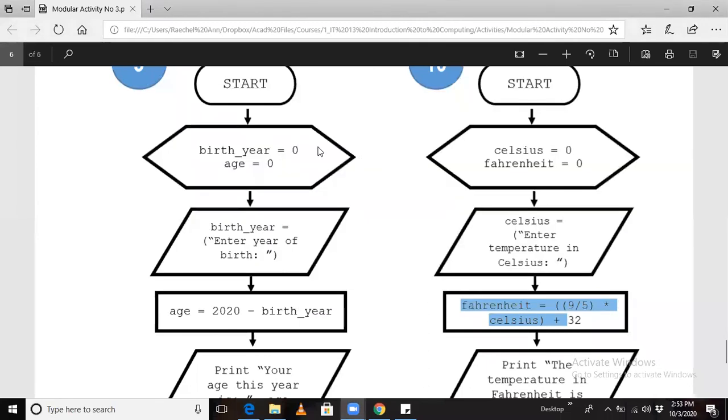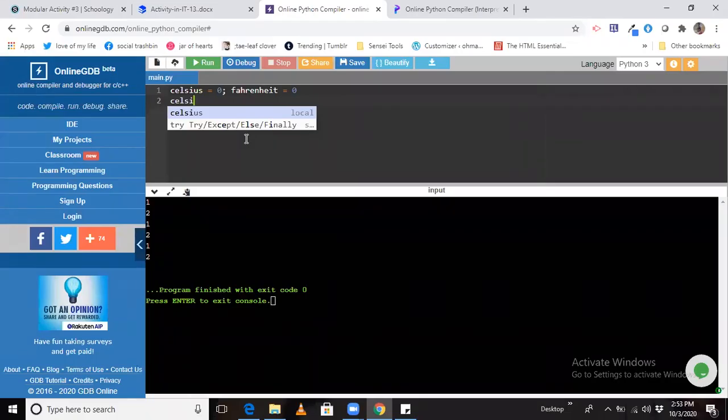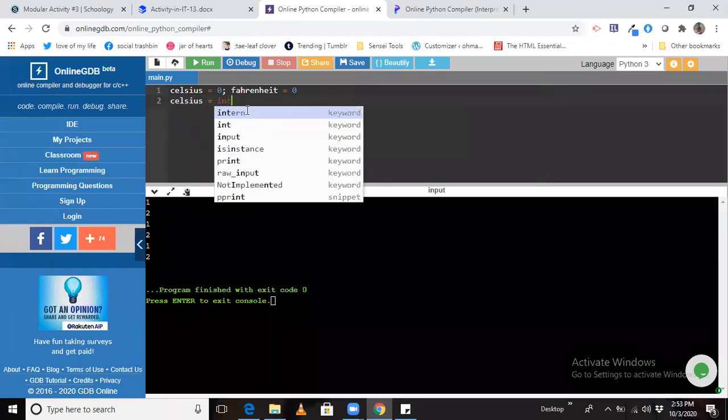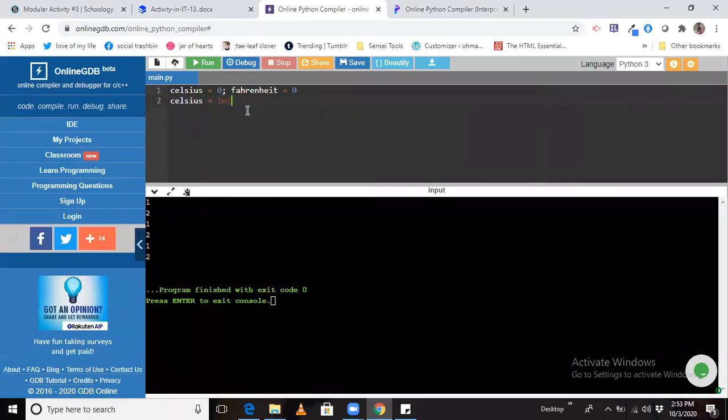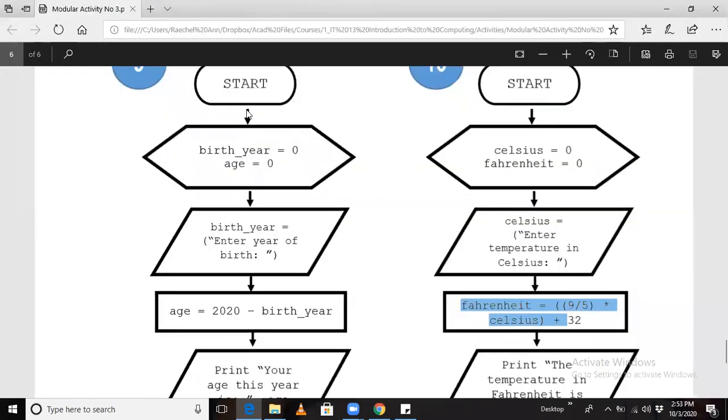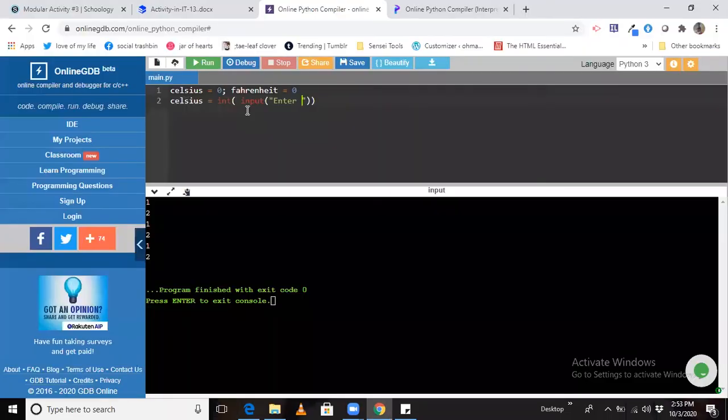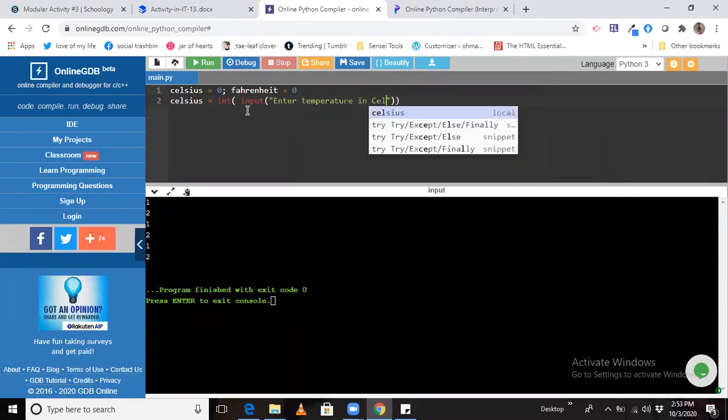Oh, yes, Celsius. Equals to int. Of course, we need that to be integer. Then input. And then enter. What will enter? Enter temperature in Celsius.